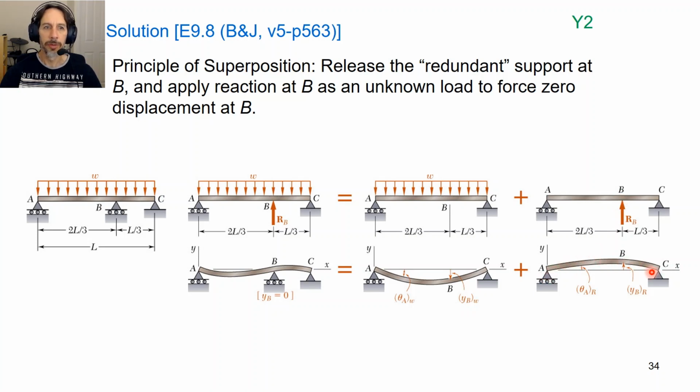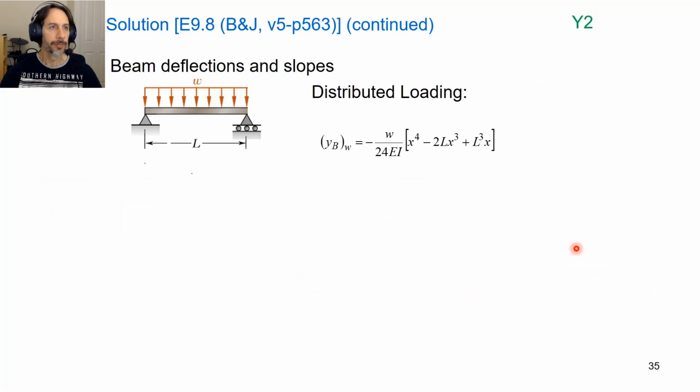Then we know from compatibility that this deflection at B plus this deflection at B due to the redundant reaction force, all of that displacement would be equal to 0.